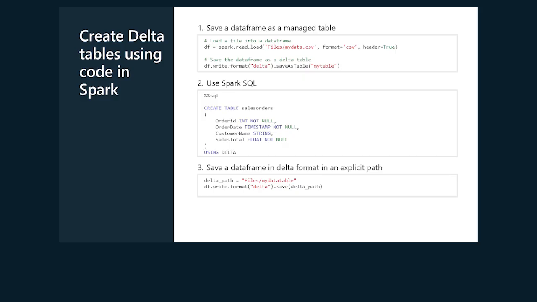And lastly, we can also save a data frame in Delta using an explicit path. As shown here, the delta_path is using the Files folder to store the mydata table. The second line shows that we are writing from the data frame and creating the table using the Delta format and storing it in the delta_path defined above.